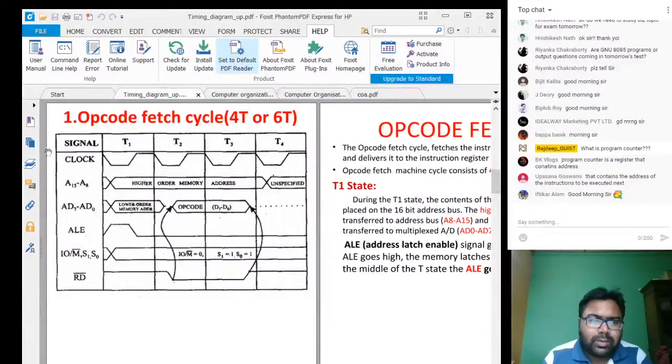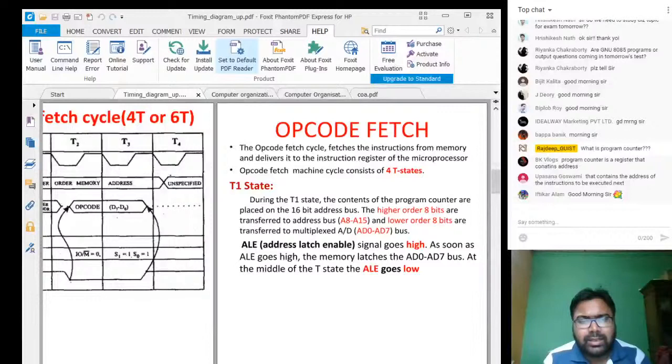Here we are going for the opcode fetch cycle. These are the things which will happen when we execute this particular instruction. You will get these diagrams in the book.